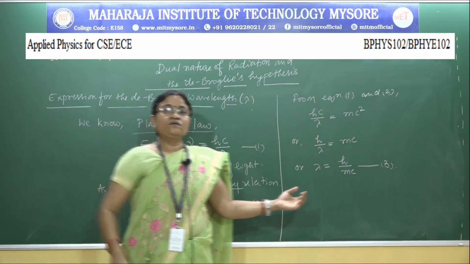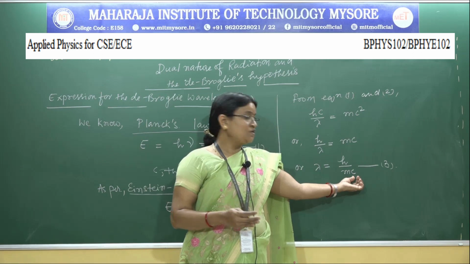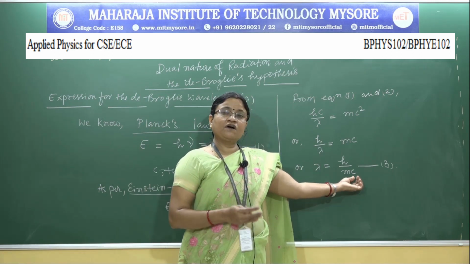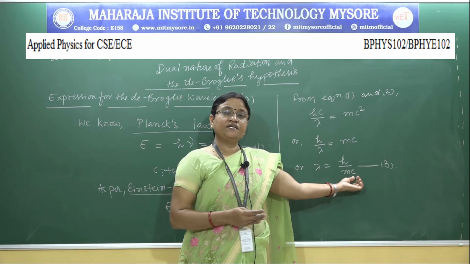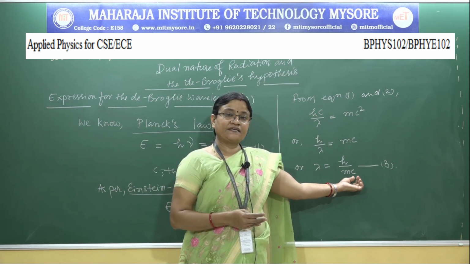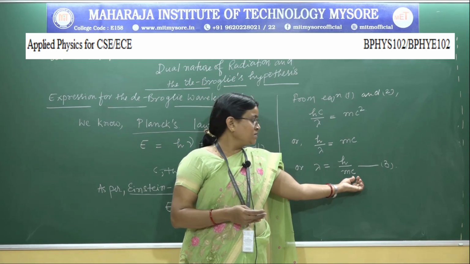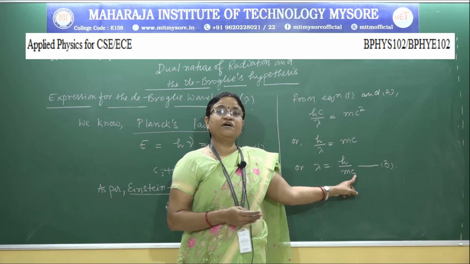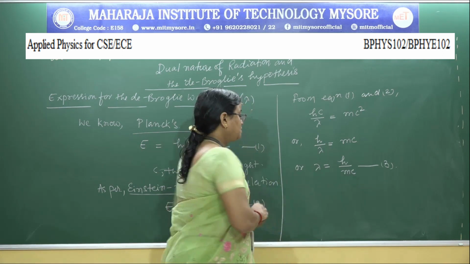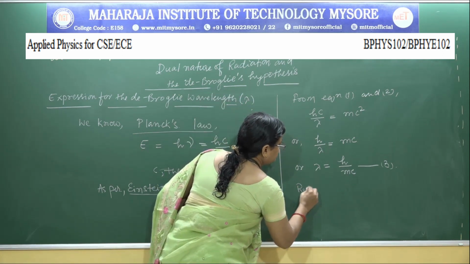But what we know, elementary particles do not have a velocity comparable to the velocity of light. If we assume that v is the velocity of the material particle and c is the velocity of light, then we will replace c by v.